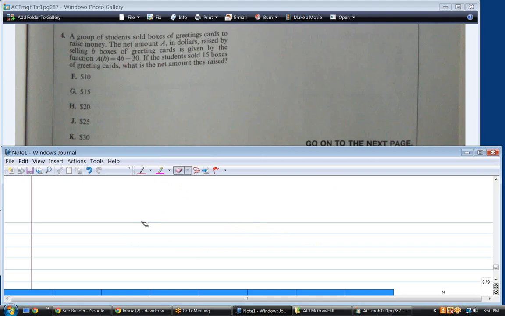But I don't think those changes are going into effect until 2016. So in all likelihood, you'll take the old SAT test where you'll have to write the essay and you'll be able to use your calculator for the whole thing.